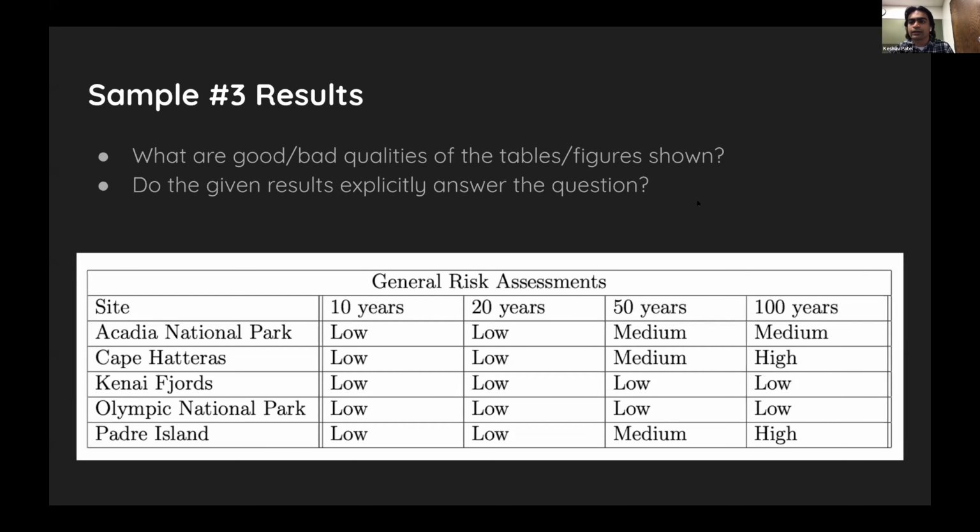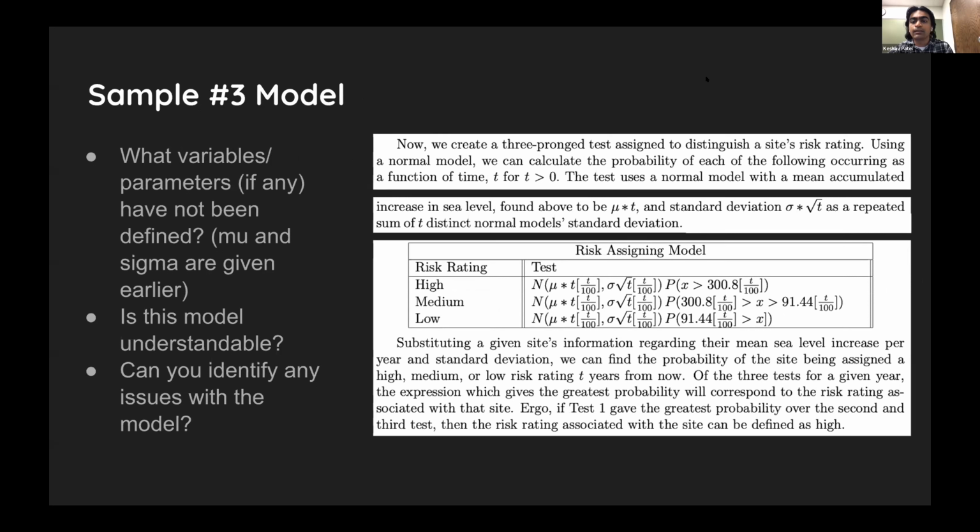I got a great question in the chat, and this is partly because I just didn't give you all of the information. One question is, how do they define the risk levels here? So let me go back to this previous slide. These numbers that are written inside these probabilities are how they defined their risk levels. In words, if the mean sea level rise is most likely going to be greater than this number, then you're at a high risk.